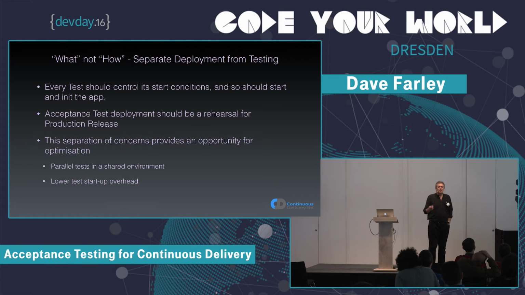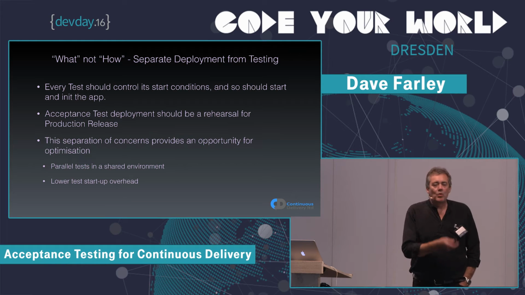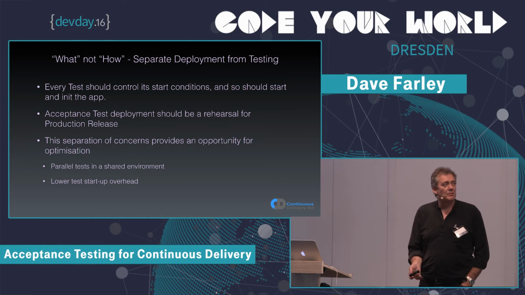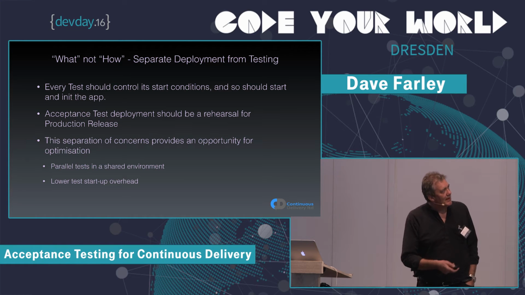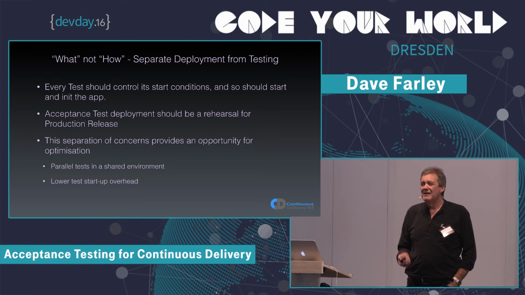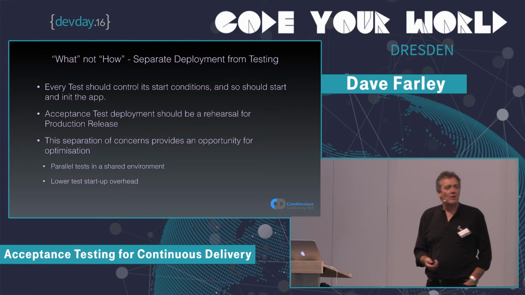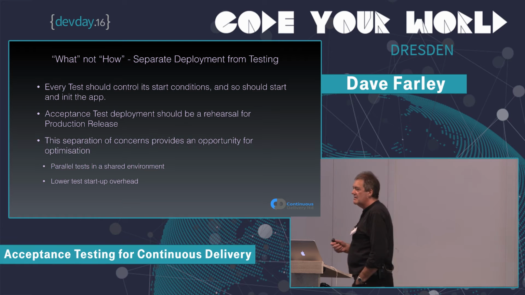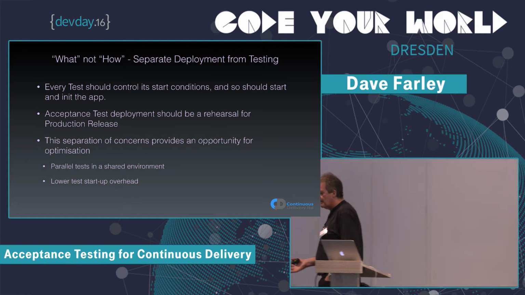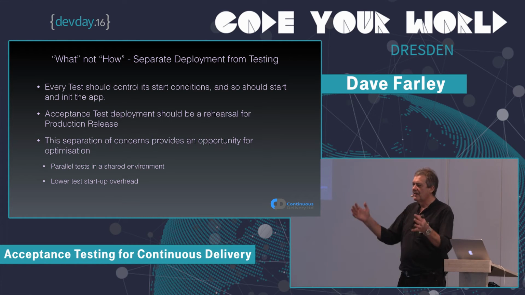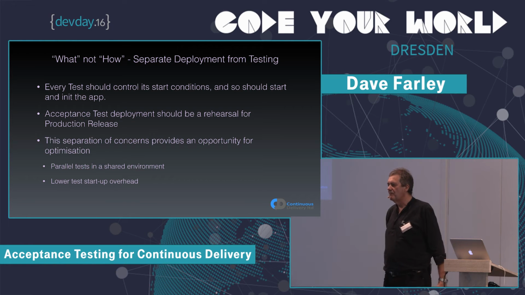So, if we're trying to specify the what, not how, one of the common things that's recommended is every test should control its start conditions. In general, I think that's a really good principle. But the next bit, and so start and init the app. The problem with that is if we want to run tens of thousands of test cases, that's expensive because starting an application is a relatively expensive process.